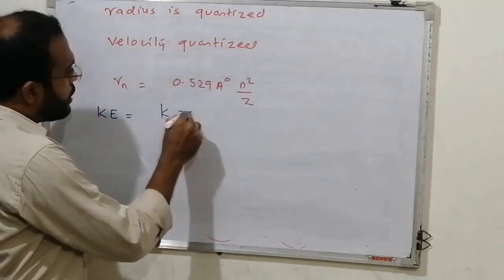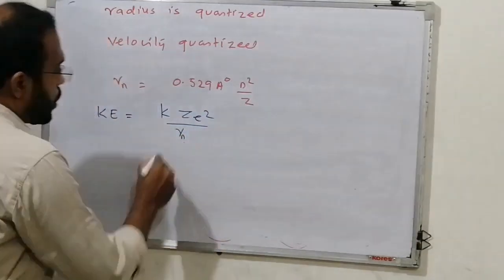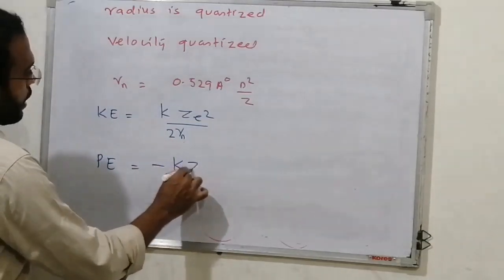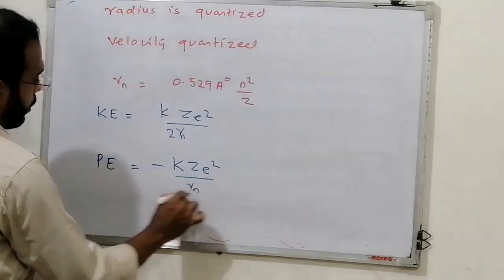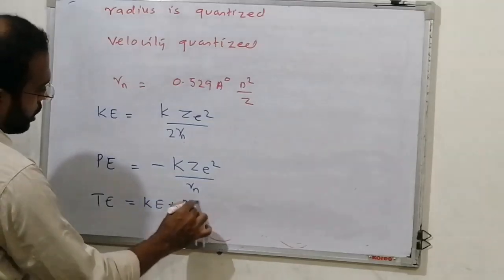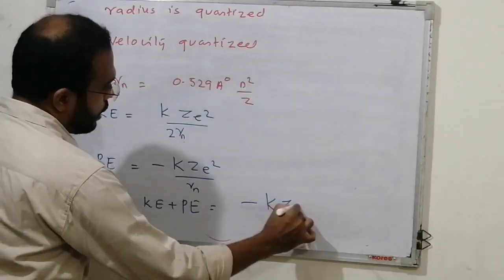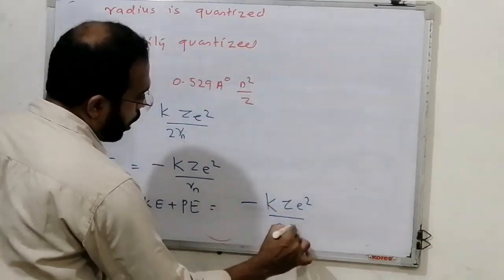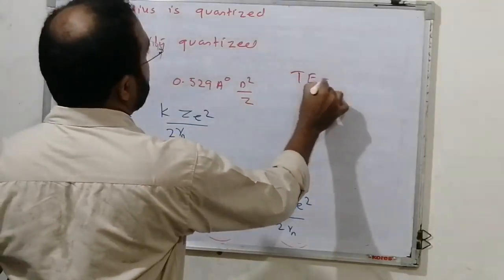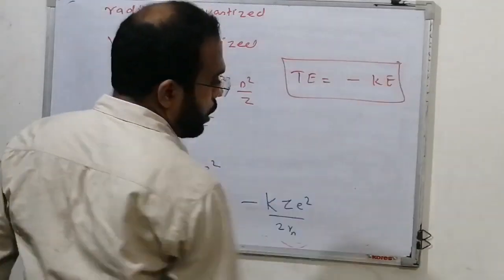Kinetic energy is equal to kz e square by 2Rn. What is the potential energy? Minus kz e square by Rn. What is the total energy? Kinetic energy plus potential energy, that is minus kz e square by 2Rn. Remember, my students, total energy is equal to minus kinetic energy.